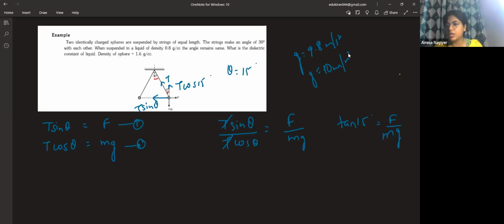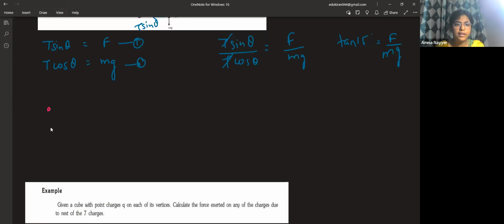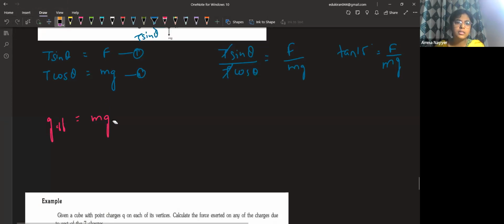So this value changes. Whenever you have any system that is suspended in some liquid, the formula of the effective gravity is needed. Let me write the general formula first.